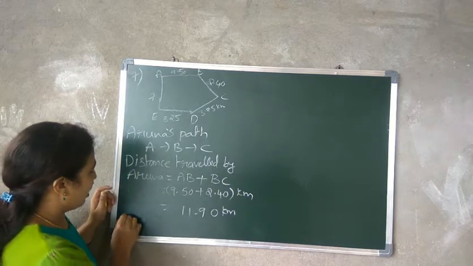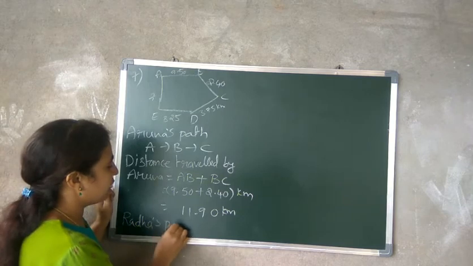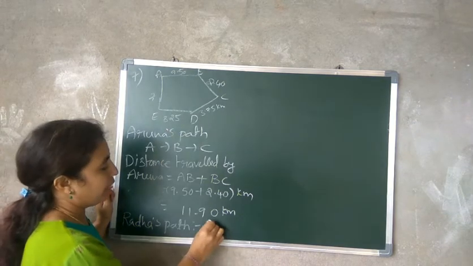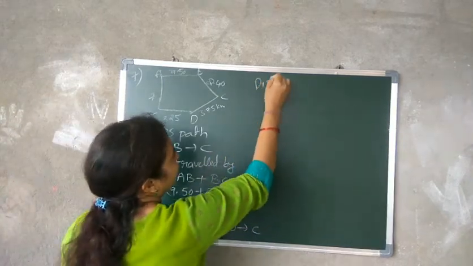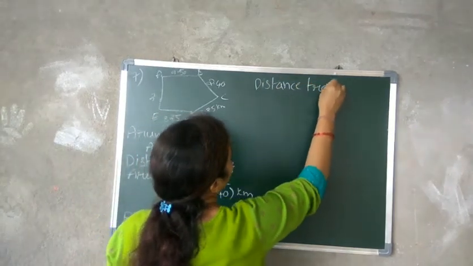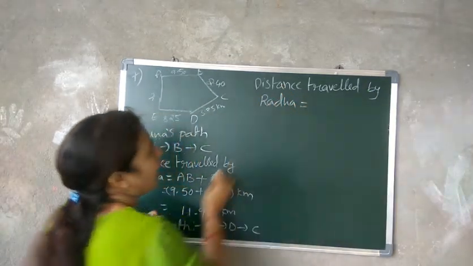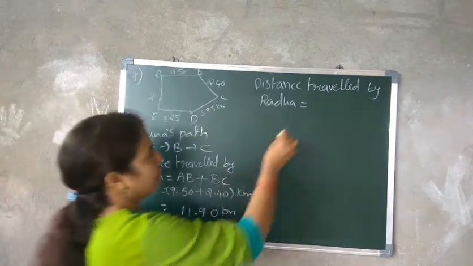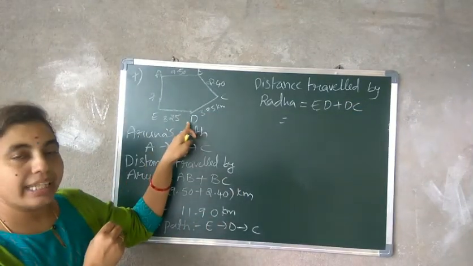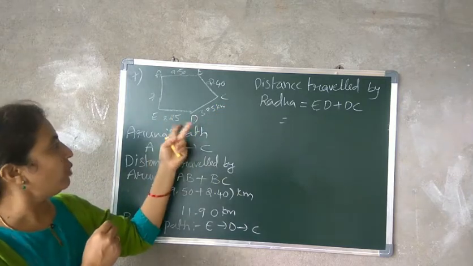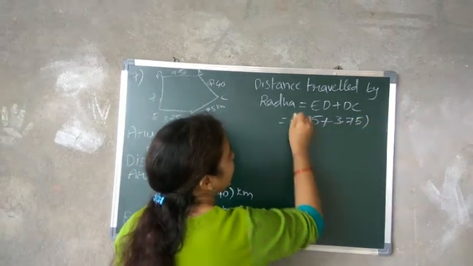Next we need Radha's path. She started from E, then went to D and then went to C. So the distance travelled by Radha is found by adding ED plus DC, because she started from E, went to D and then from D to C. The distance from E to D is 8.25 plus 3.75 kilometers.